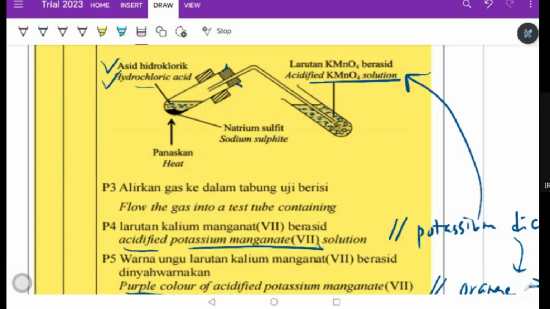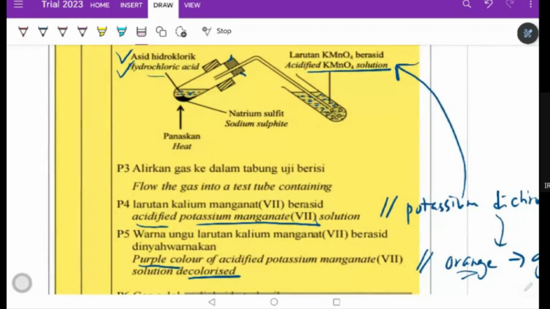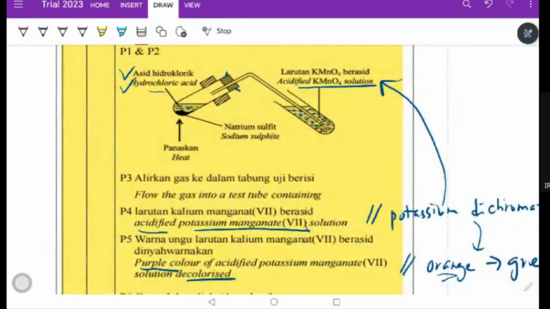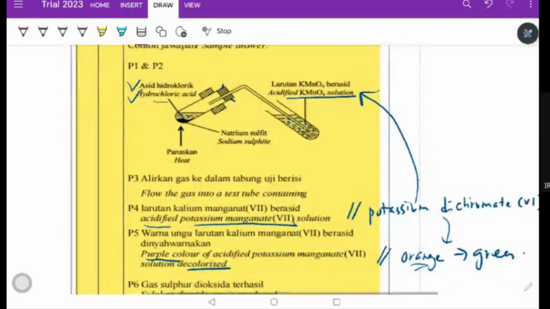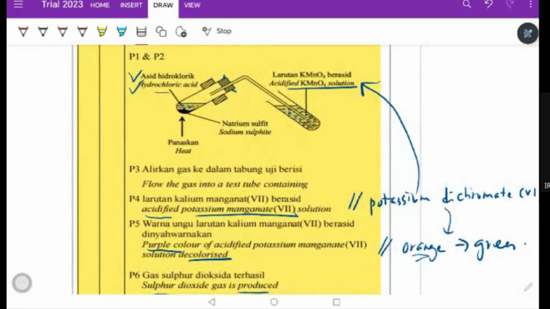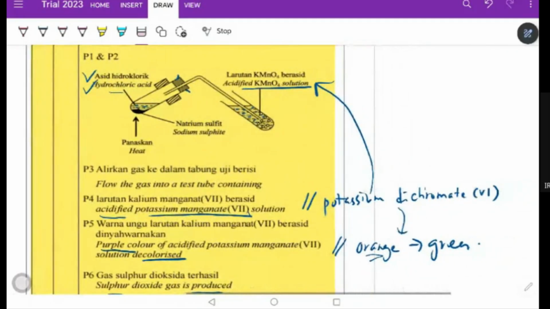It must be a dotted line. So this is how we can test the gas.